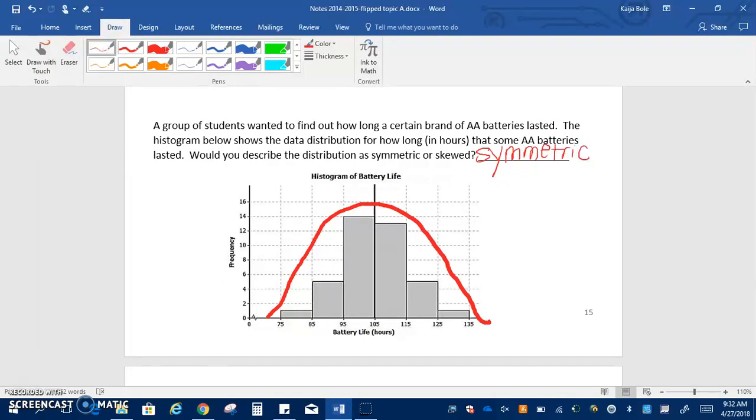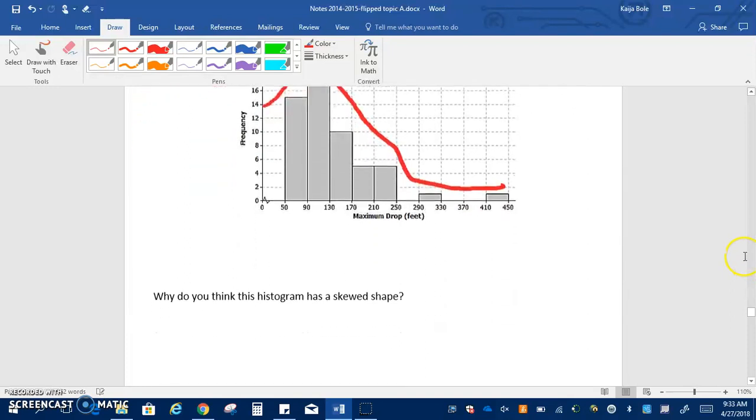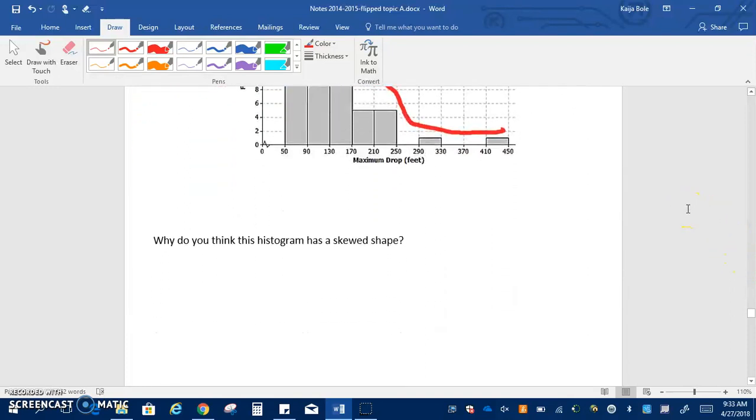Okay? Now if you flip the page and you look at the next one, a different frequency table, a different histogram, and you draw in that little hump, this one you can see is definitely not even. We have more on the left-hand side, so we would say that this one is skewed. Okay, so all you have to do is really look at it. And they ask you, why do you think that the histogram has a skewed shape?